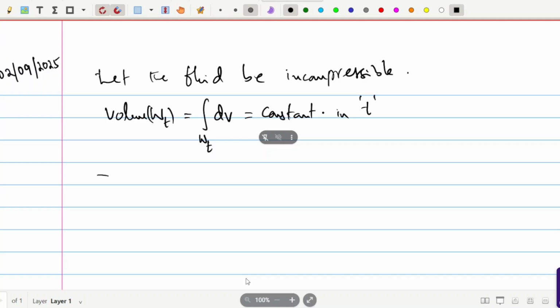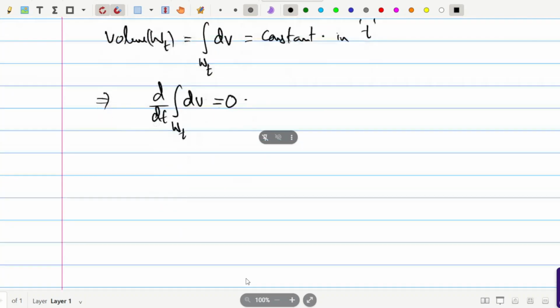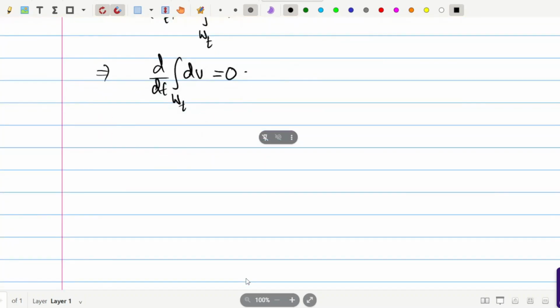So this implies d/dt of the integral over Ω_t of dV equals 0. This is a constant, so I just simply differentiate with respect to time. Now, Ω_t is moving with time t.